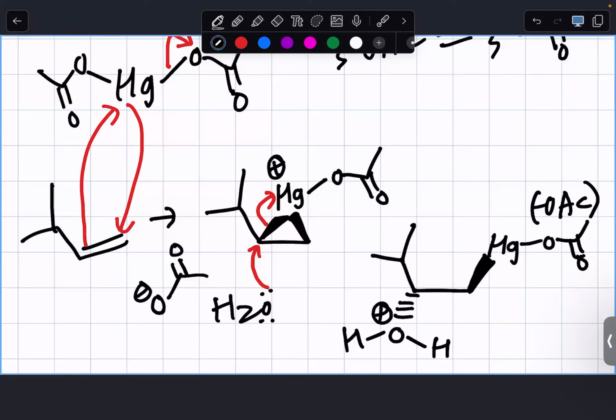But the reason why I put this wedge is to show why the reaction is anti-addition, just to show that they're anti. This is actually planar because this is a single bond, it could rotate.